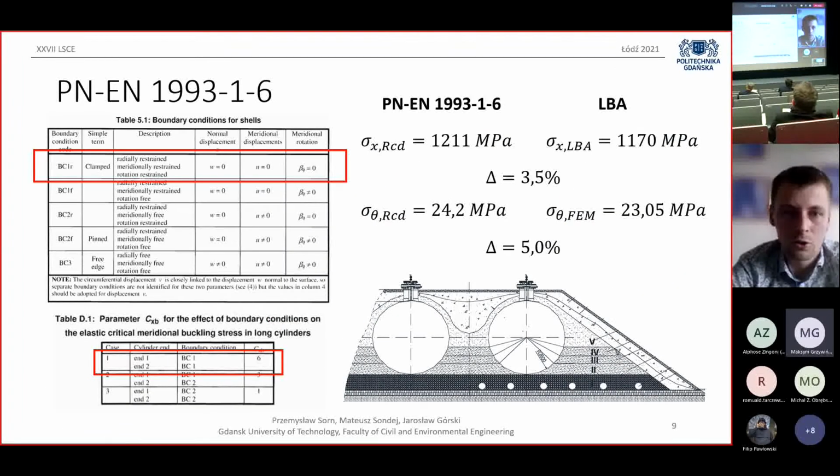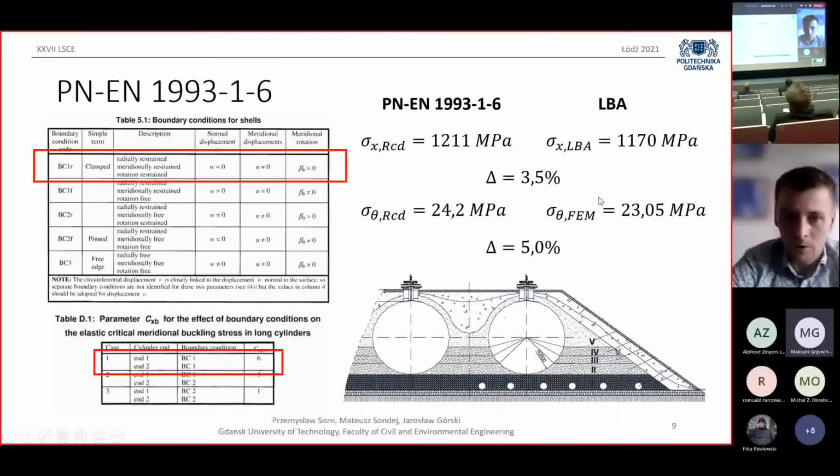Now, a short comparison to Eurocode 3. The constraints were applied on the edges, H1 and H2, so on each end, with boundary condition B1, so it's a clamped situation.